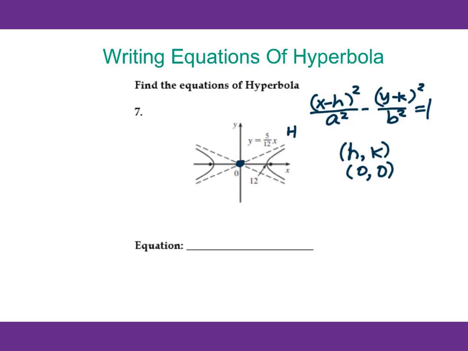We know for the a, the distance between center and the vertex, that's 12. So we know a equals 12. From 12, you need to draw that box, intersect this asymptote line. This will be the b.